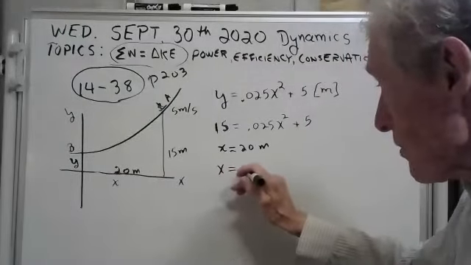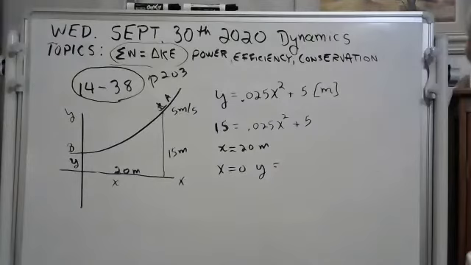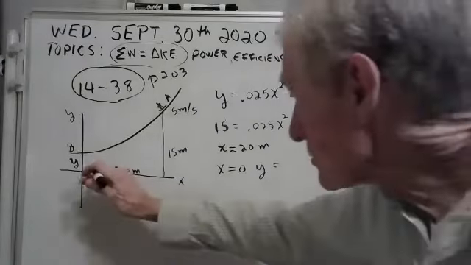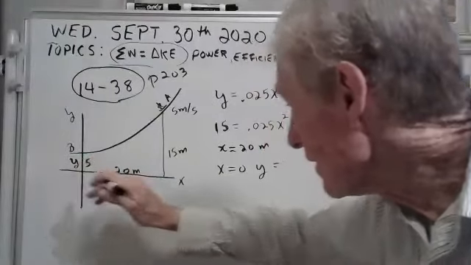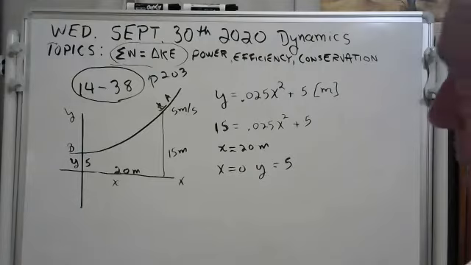When x is 0, Stuart, what's y? 5. Yeah, good going. This little tiny distance here is 5. Excellent. Okay, now what do they want to know? They want to know how fast he's going when he gets down there.